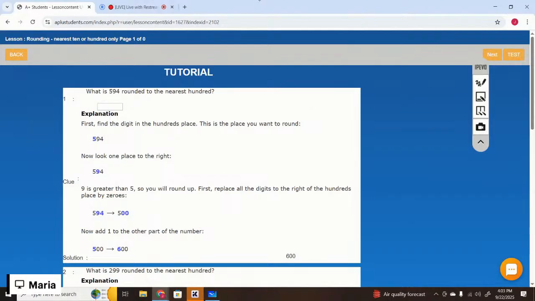Right next to 5 we have 9, right? 9 is greater than 5. So we need to round up. Round up means 5 becomes 6. 594 is rounded to 600.